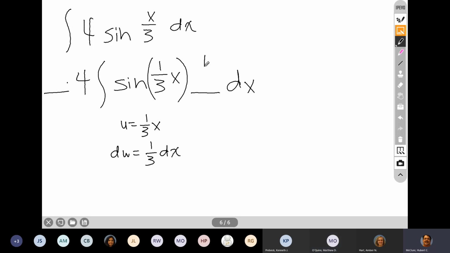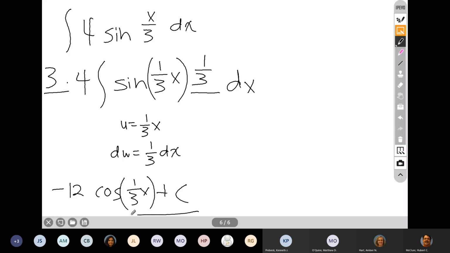So I've got to put a 1/3 here, and I got to put a what out here? 3. The answer is -12 cosine 1/3 x plus c. I bet some of y'all are even skipping a couple of steps, but you don't want to admit it.